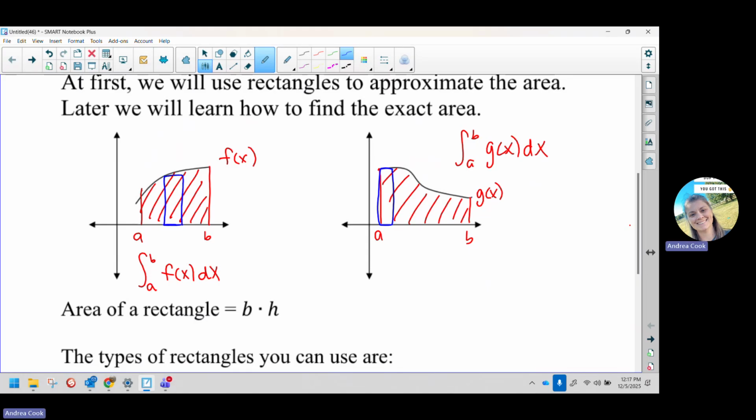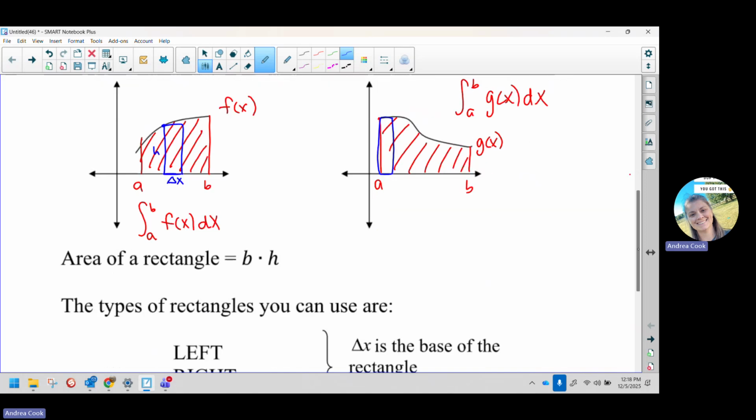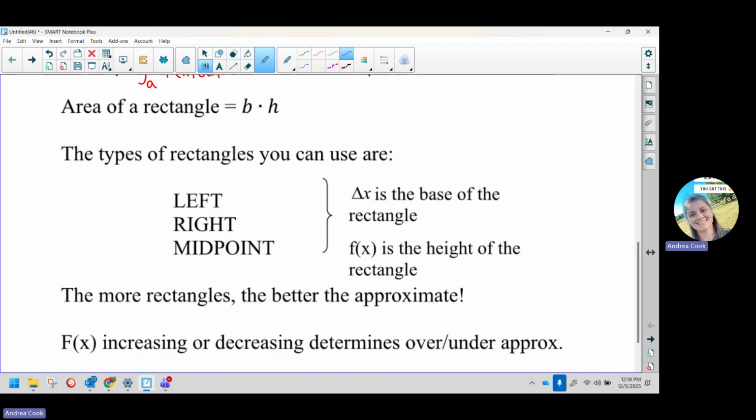This is going to be the base of my rectangle, and that's going to be delta x. The height of my rectangle is right here, and that is going to be the value of f of x at that x value. So we use the function to find the height of the rectangle. So that's what these things say here. Delta x is the base of the rectangle and f of x is the height of the rectangle.